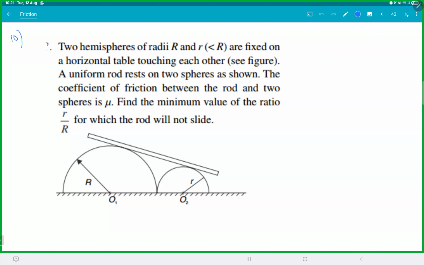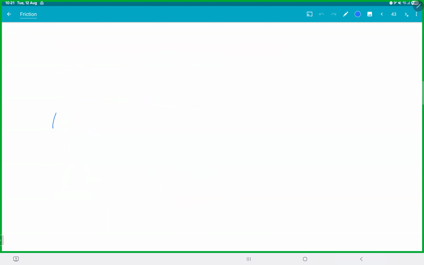That is still wrong. See, if you put mu is equal to 1, you're saying r should be 0. Let's see where you guys are goofing up, whether you got the FBD right or the calculations.